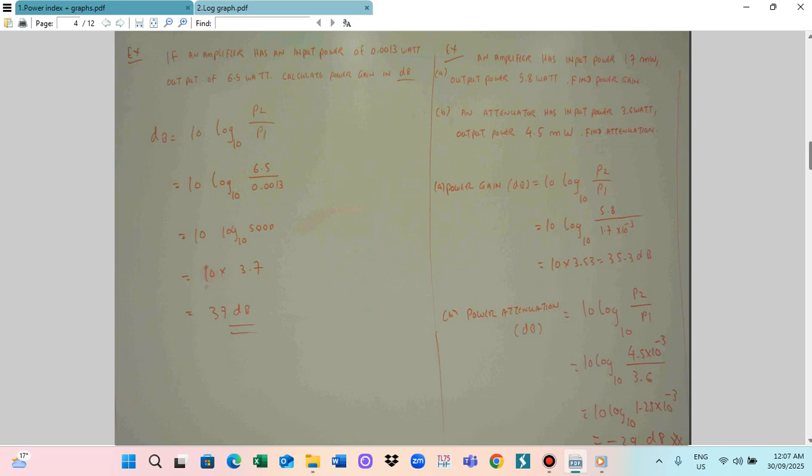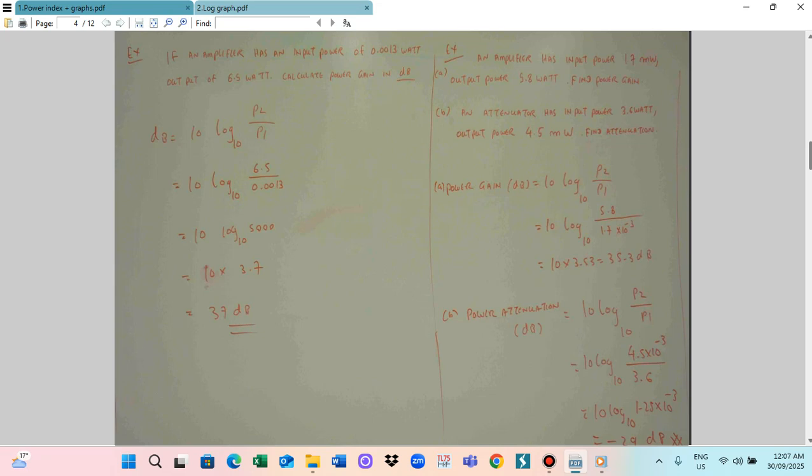You use the calculator, find the log of 5,000, and you get 3.7, so that will be 37 dB. So this is the power gain, output power by input power, and then 10 log 10.